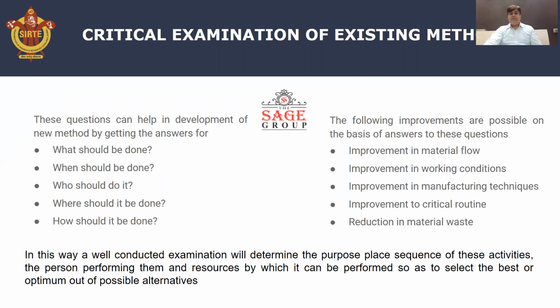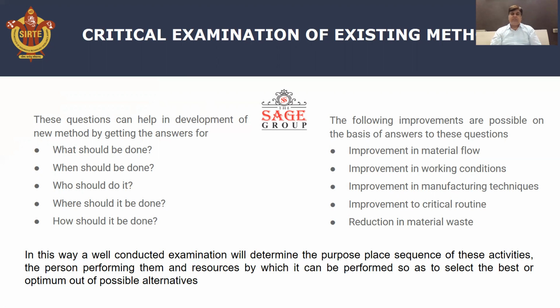Whenever we are developing a new method, we have to ask these questions. On the basis of the answers, we will get the possibilities, or the simple things about how the method could be developed.